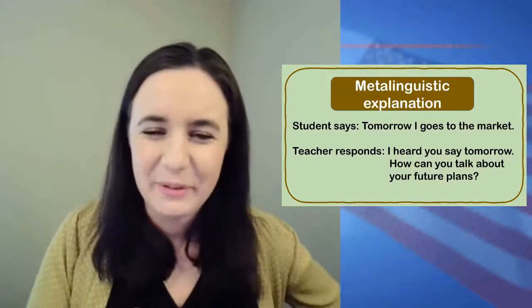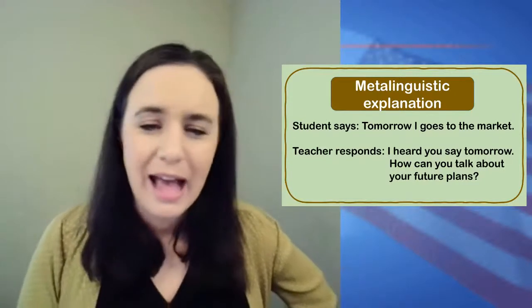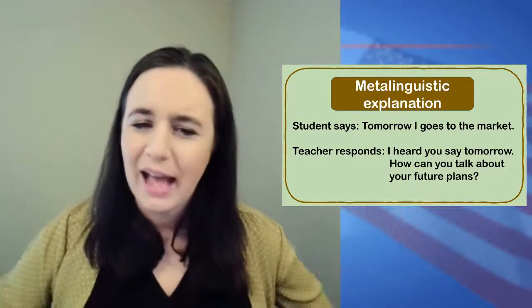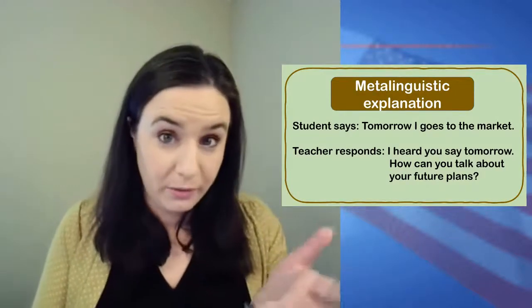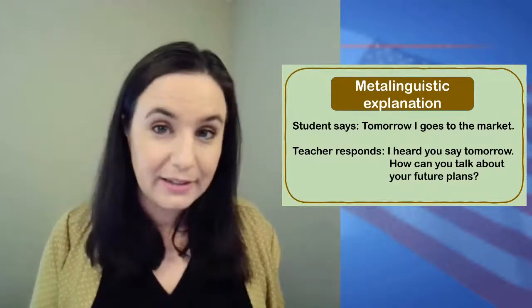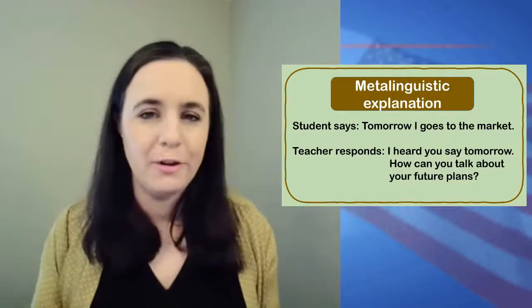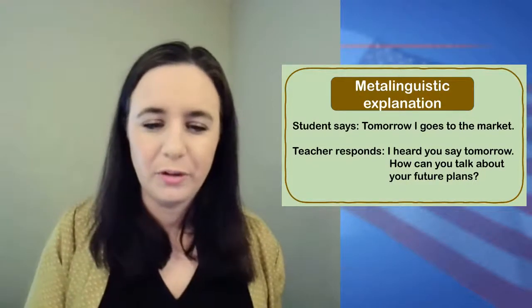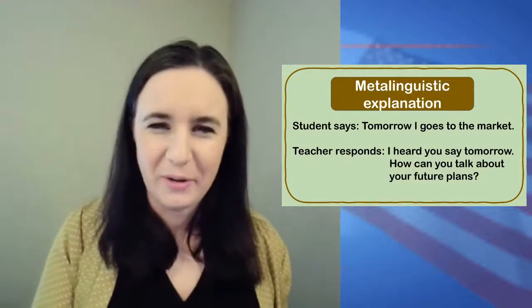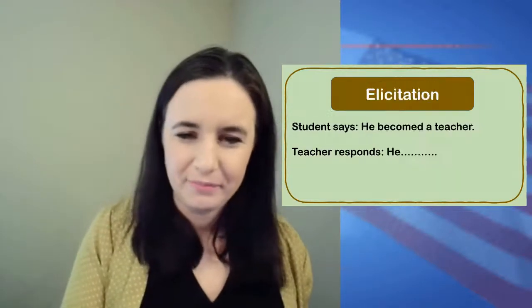So my metalinguistic clue, the strategy, if I'm using the strategy here, I could say, "I heard you say tomorrow. How can you talk about your future plans?" And hopefully, if that's something we've already studied in class, maybe they've practiced, maybe they've had some input, they've heard a lot of examples of it, it's going to trigger that memory, that light bulb is going to go off, as we say, and they'll make the self-correction.